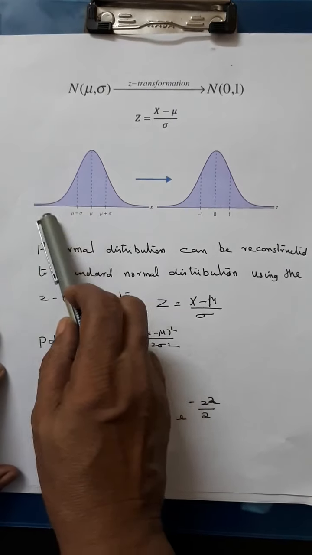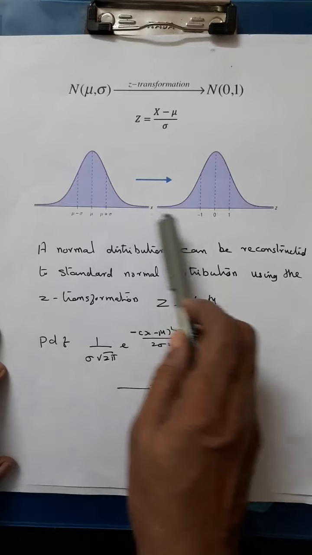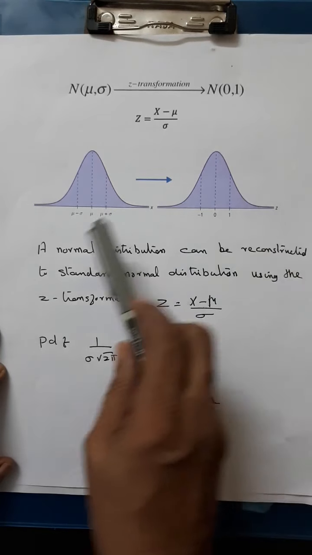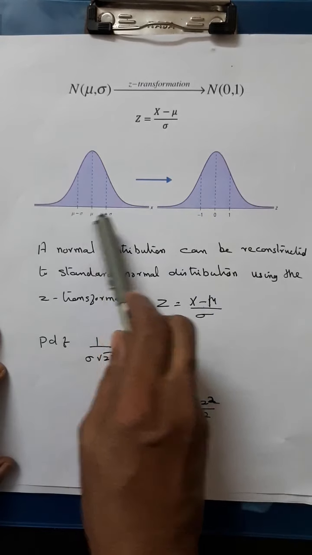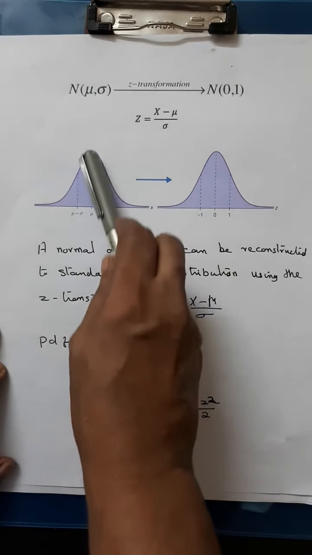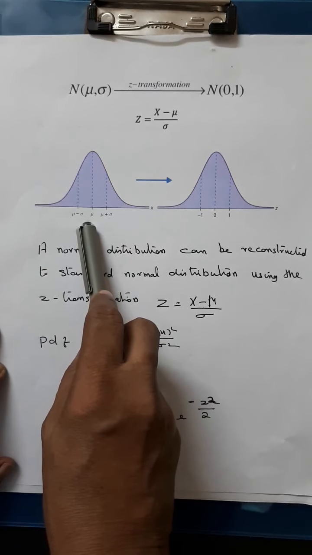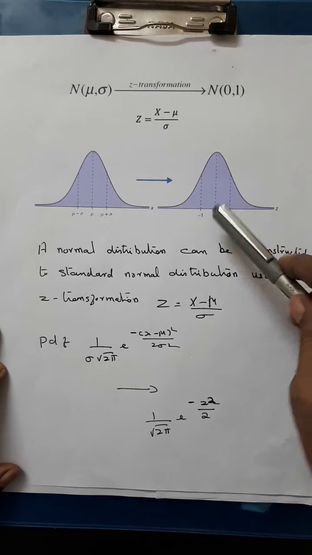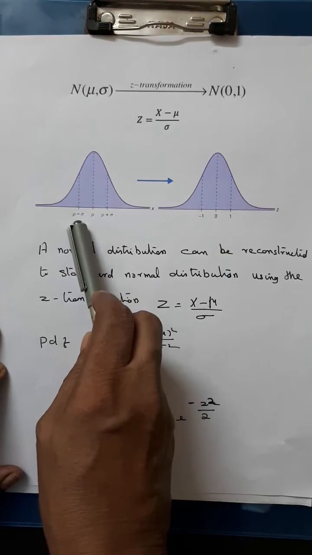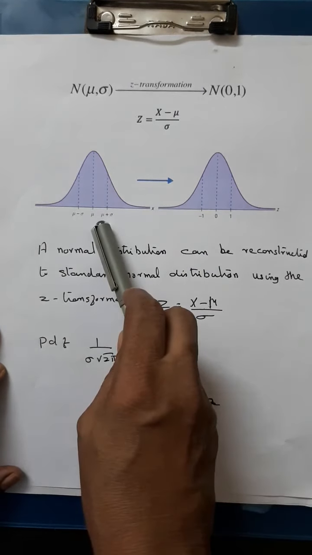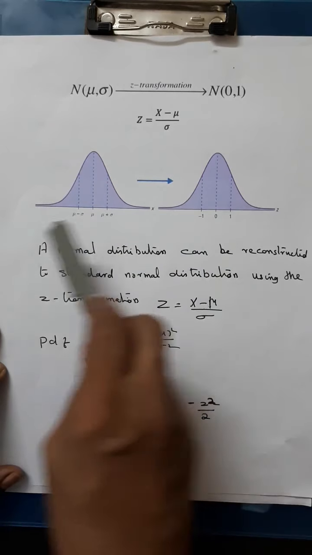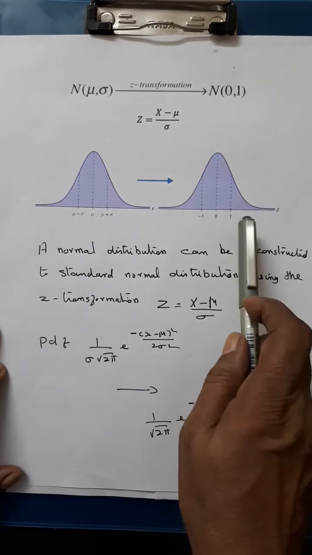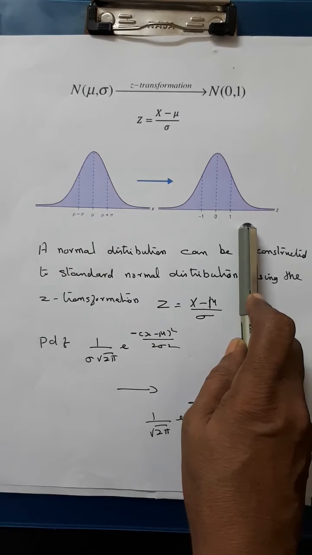The graph of a normal distribution is this one, and the graph of a standard normal distribution is this one. What's the difference here? Instead of mu, we have 0. This curve is symmetric at x equal to mu. Here the curve is symmetric at x equal to 0. And mu minus sigma is minus 1, mu plus sigma is plus 1, and so on. We can compare the normal distribution and the standard normal distribution.